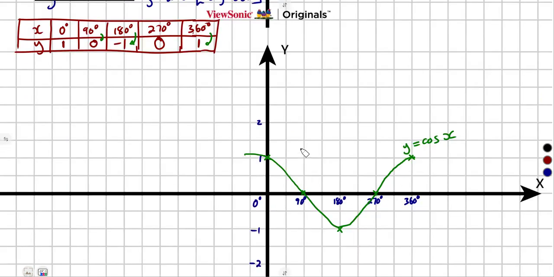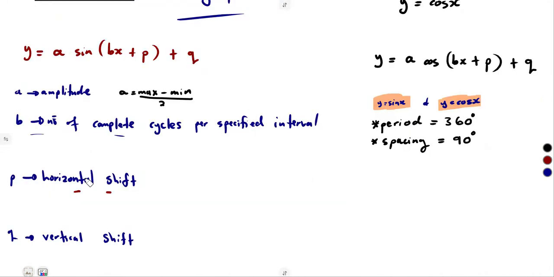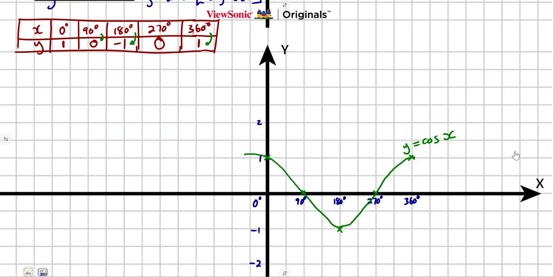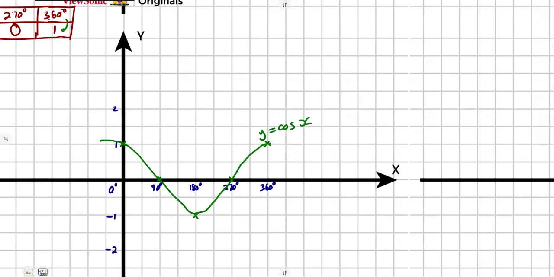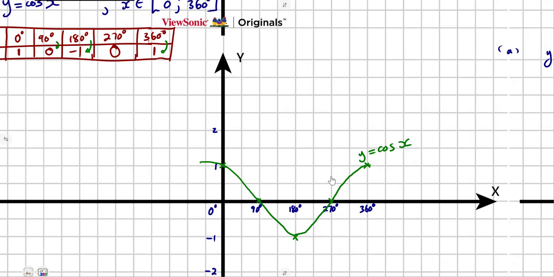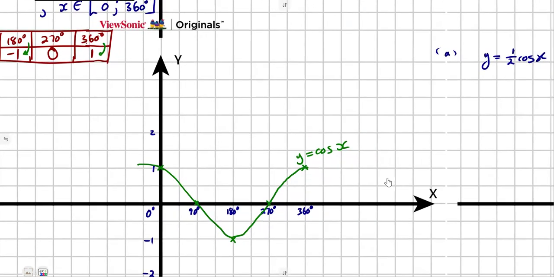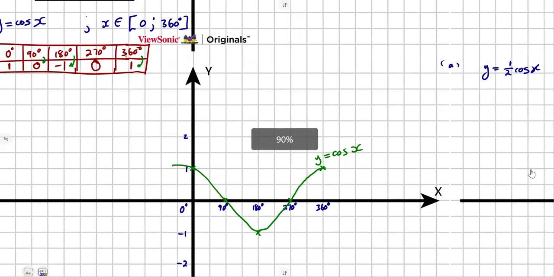From this graph, we can have these effects, guys, just like before, the issue of multiplying by a, multiplying by any number. Is it a negative? Is it a positive? Still one and the same. So the effect of a, just like before, guys, let's say we want to have the graph of y is equal to half of cos x, from the same interval, when there is no other effect, it is just the a, the number that is multiplying cos.